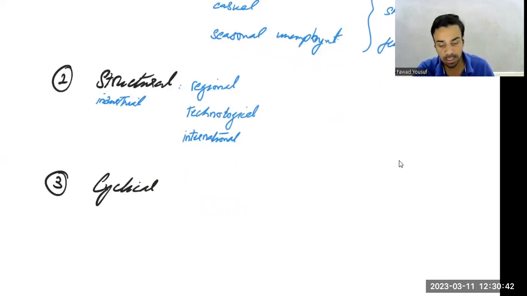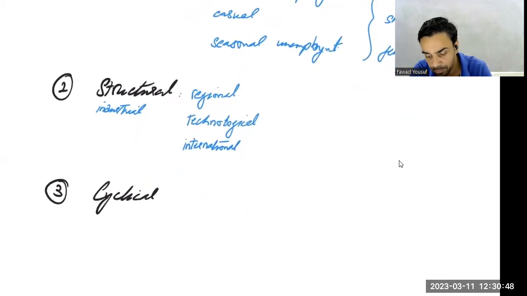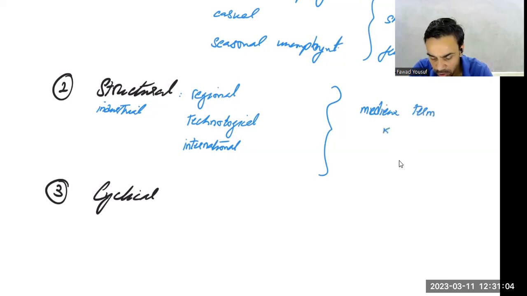Now, this one is comparatively slightly more serious, because it's a medium term. I would say let's say it's on a spectrum. It would be a medium term in time frame, and it's going to affect more than a few people, right?